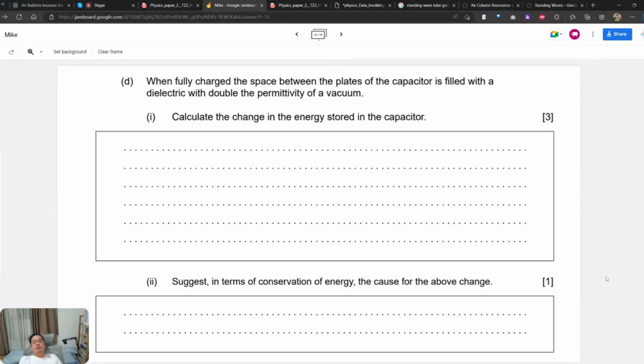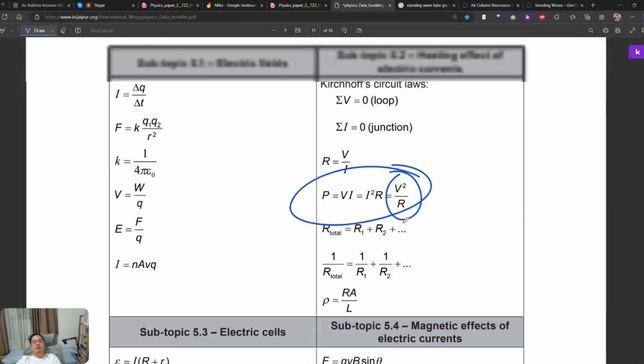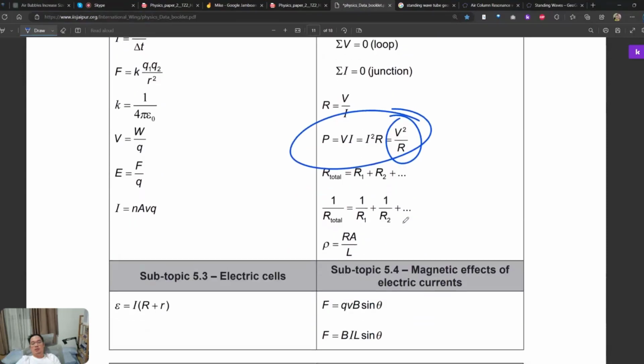Question D. When fully charged, the space between the plates of the capacitor is filled with a dielectric with double the permittivity of vacuum. Calculate the change in energy stored in the capacitor. The formula for the capacitance, is it in topic 5? Not even here.